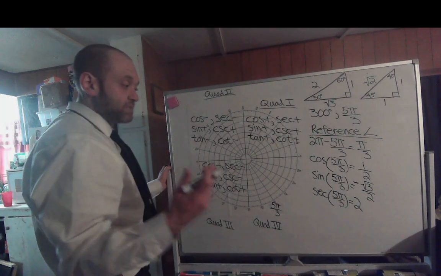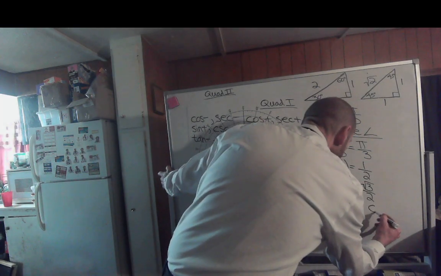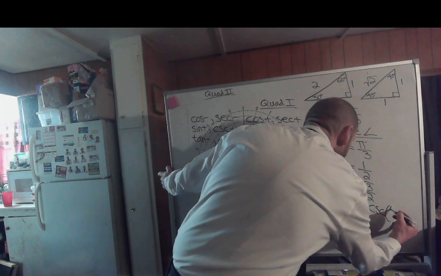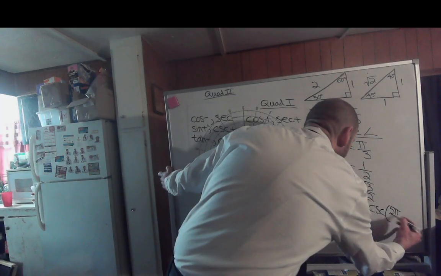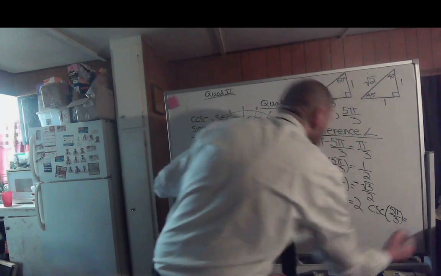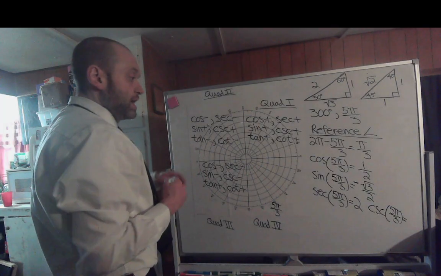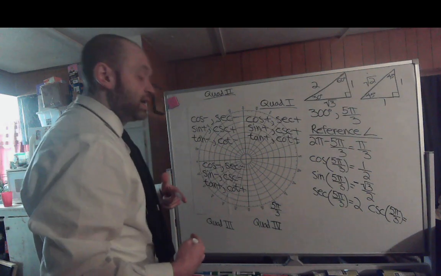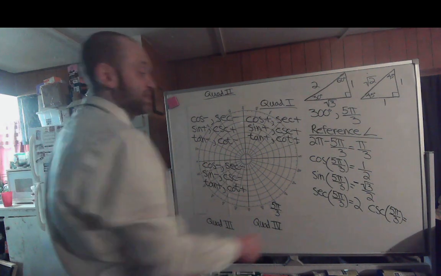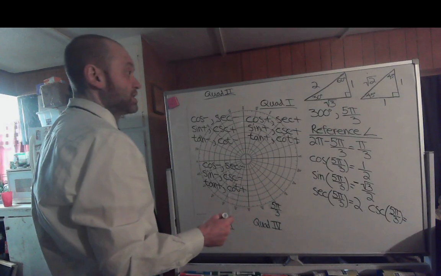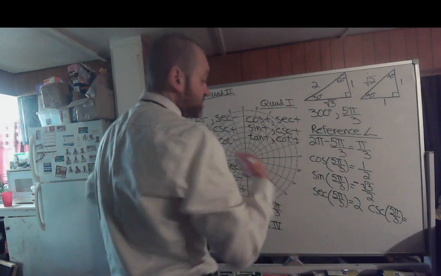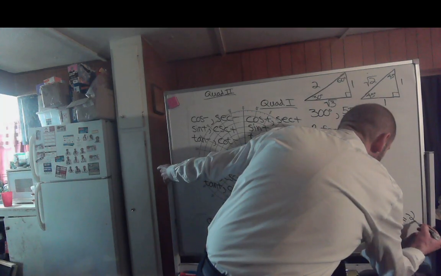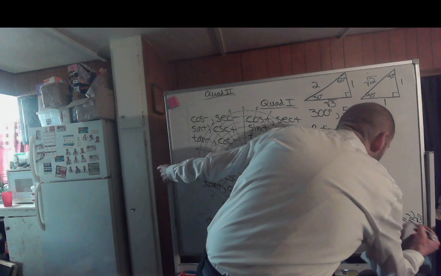So your secant's positive 2, but what about your cosecant of 5 pi over 3? Alright, so cosecant is the reciprocal of sine. And since the sine is negative in the fourth quadrant, that's going to actually be negative 2 times the square root of 3 over 3.